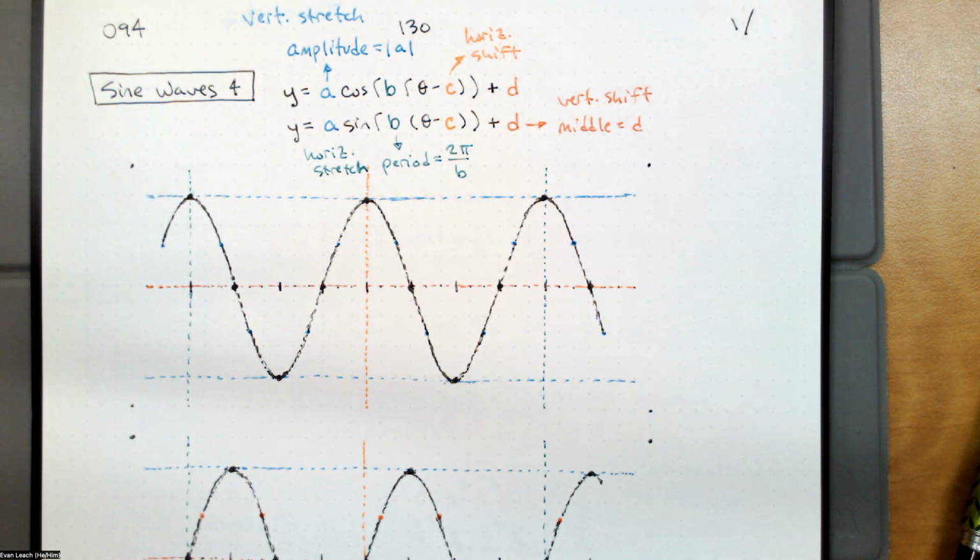We want to think of the phi as where theta starts. We want to think of C as where the graph starts. It's the theta where the graph starts.